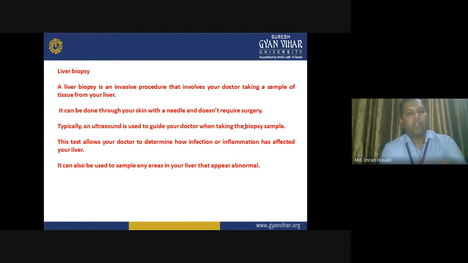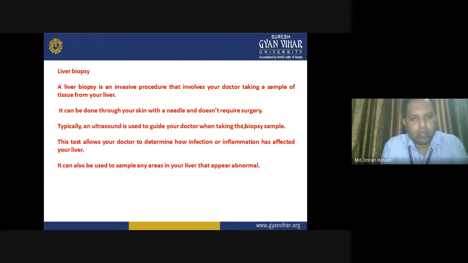It can be done through your skin with a needle and does not require surgery. So they will insert a needle into the liver tissue, take out that needle, and analyze the liver tissue for any abnormality.